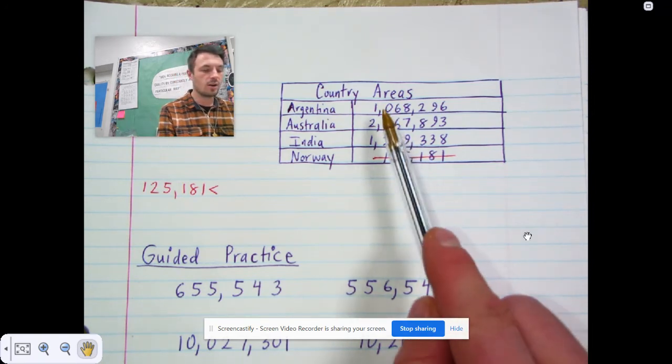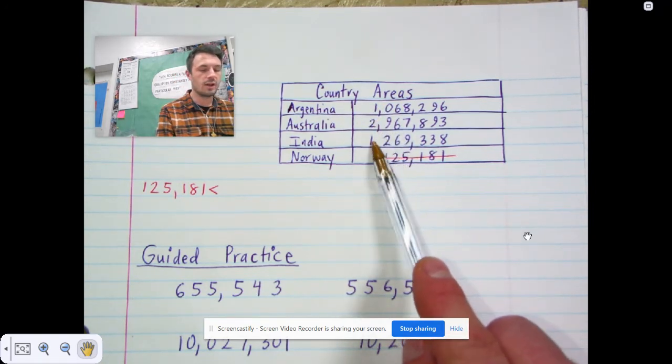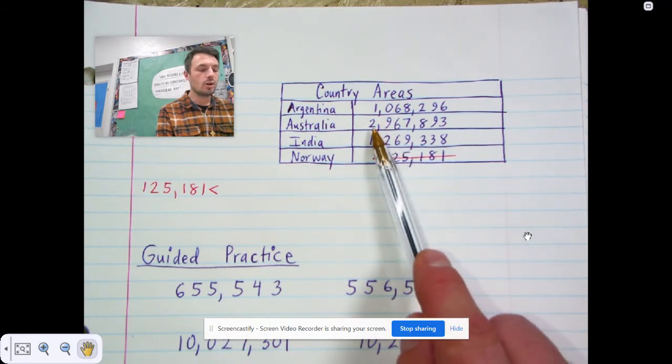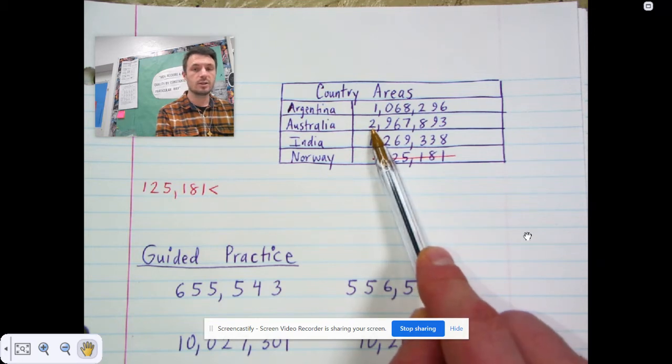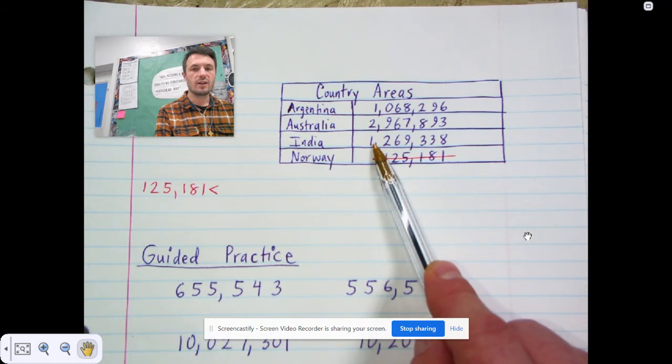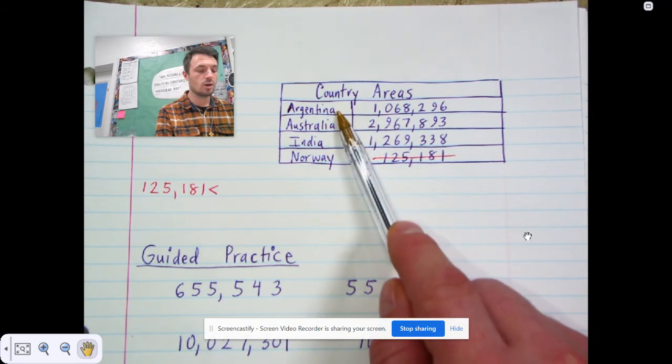Now we need to compare Argentina, Australia, and India. And again, we already know Australia has to be the biggest because it has a 2 in the 1 millionths place, whereas Argentina and India both have 1s. So we know the second smallest is either going to be India or Argentina.